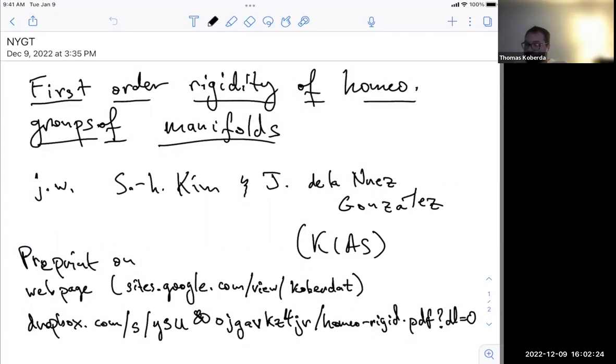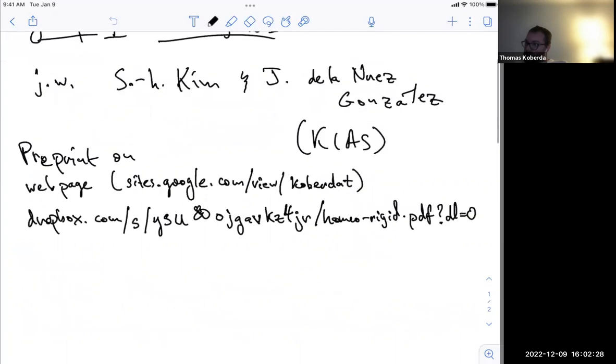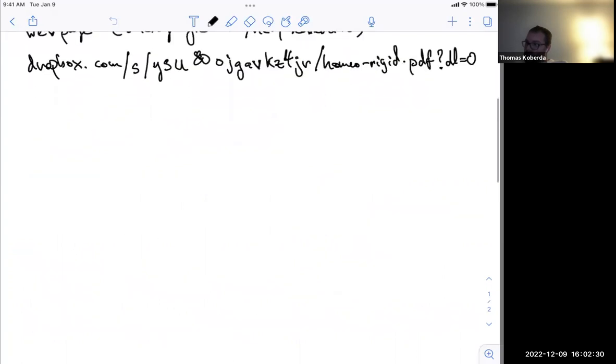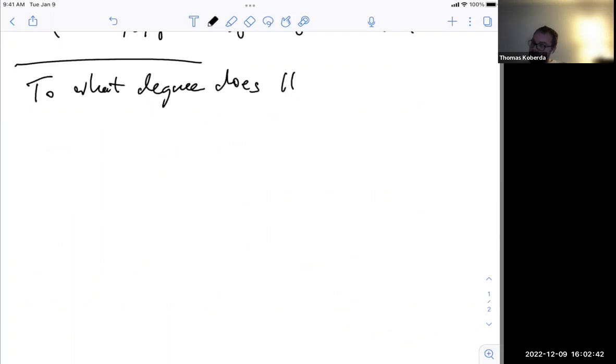All right. So to get started, the basic question that I'd like to consider is: to what degree does Homeo(M), the homeomorphism group of a manifold M, determine M?